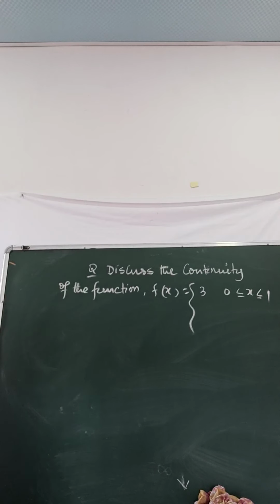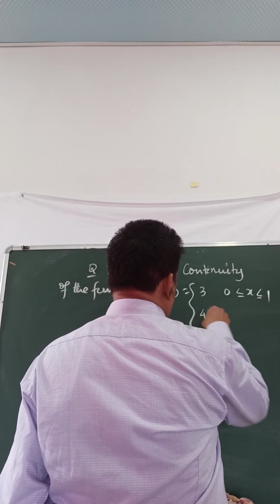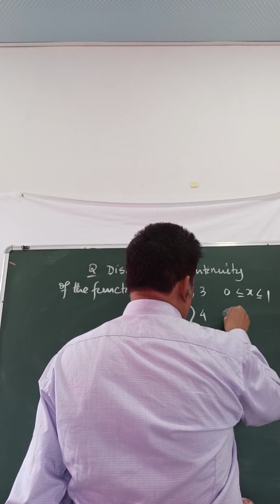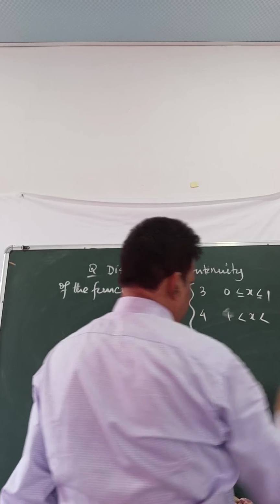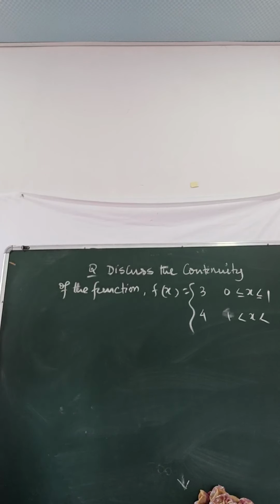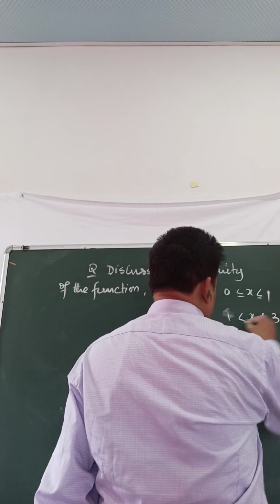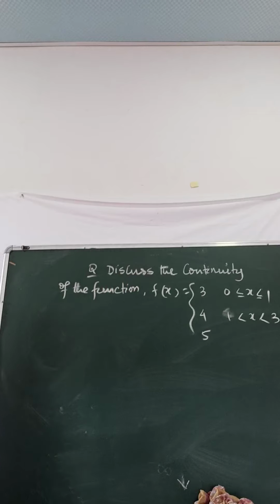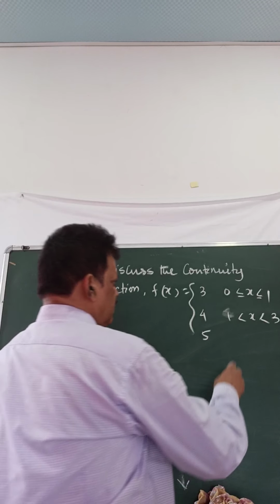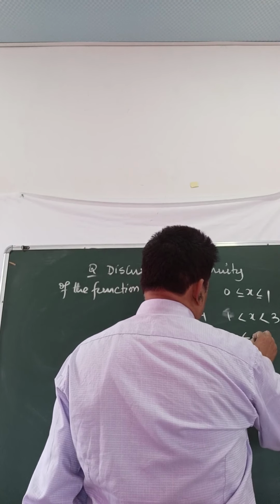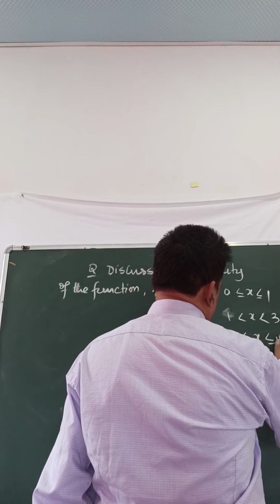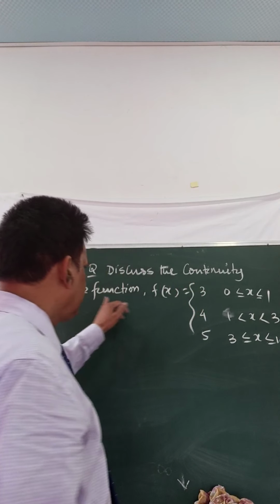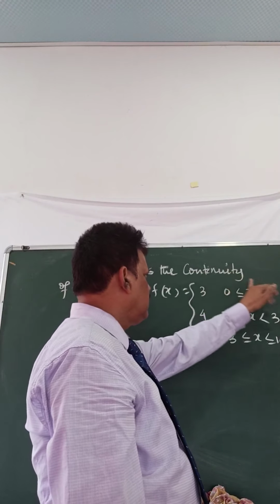Then 4, 1 less than x less than 3, then 5, 3 less than or equal to x less than or equal to 10. So let's see whether this function is continuous or not.